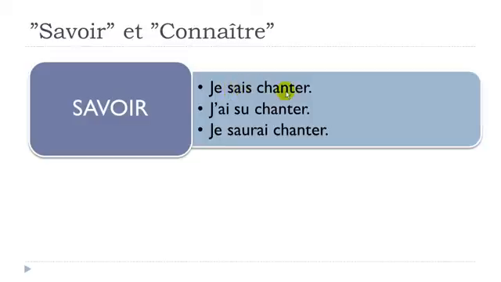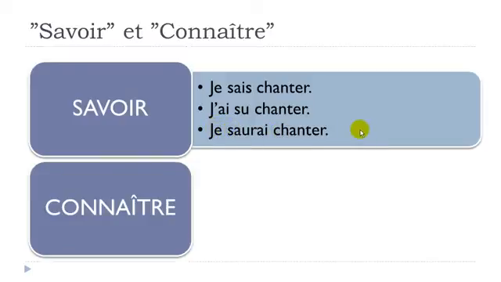The rule in French is that if you've got a structure like that with two verbs, the second verb should be all the time at the infinitive. Je sais chanter. If you put the same sentence at the passé composé, it goes like j'ai su chanter. And then the future form, je saurai chanter. It's quite easy. Je sais chanter, j'ai su chanter, je saurai chanter.